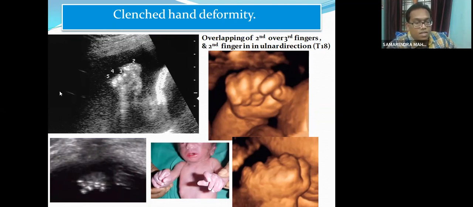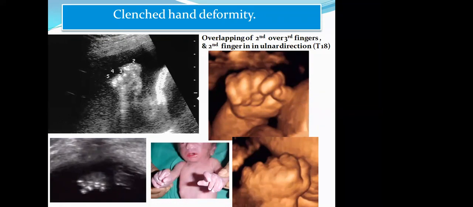The lower one is the image from the upper side showing the deviation of the second over the third digit, and the right-sided two images in sepia mode showing the overlapping of the second over the third digit from the palmar side and on the dorsal side, the fist. The middle lower one is the postnatal image after delivery of that clenched fist. It came out to be a case of trisomy 18.